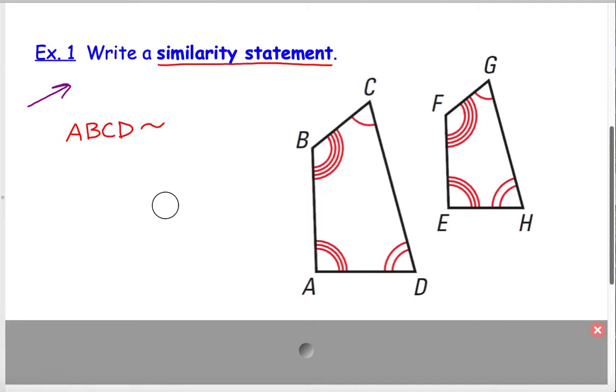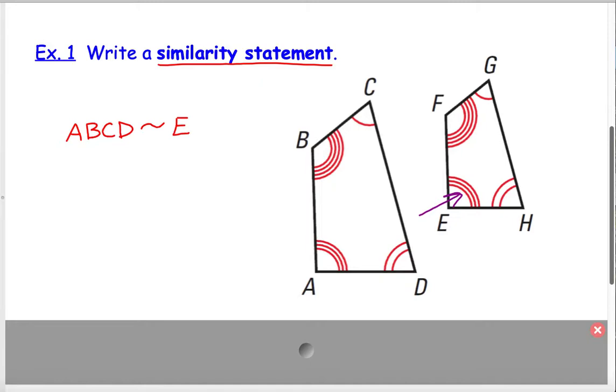But similar means they're not necessarily equal, so we're going to leave off the equal sign. And so it didn't matter how we wrote the first group. I could have started with A and gone clockwise. I could have started with C and gone counterclockwise. That doesn't matter. But once you establish the order here, now we have to make sure we match up with the other figure. So when I start with A, that's going to match up with E.